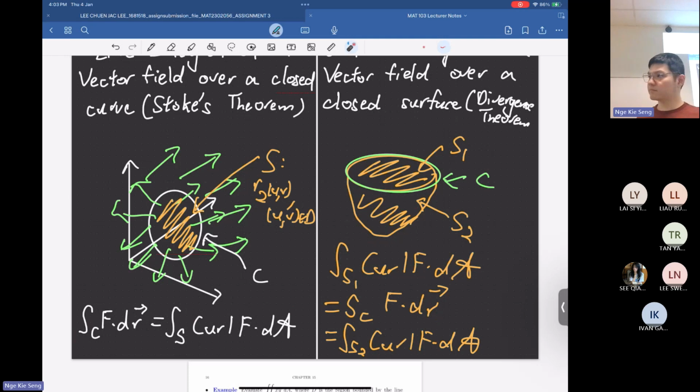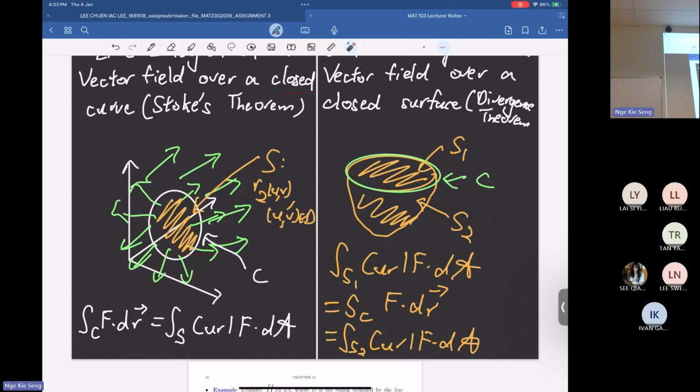But the boundary part is only the open part. Correct. You can say that. But this vector field is very special. It's curl F, not F itself.